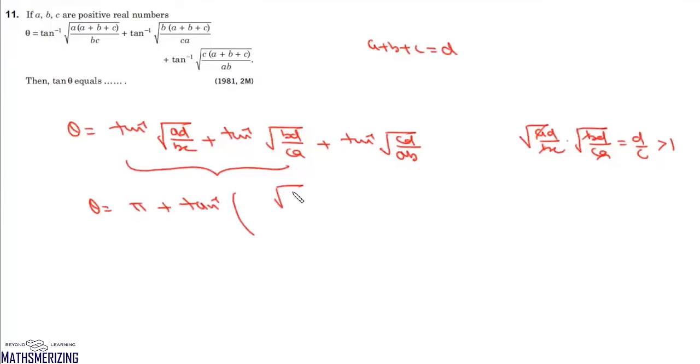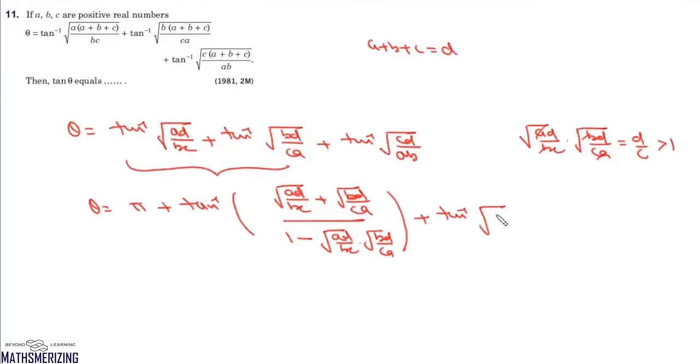So it will be under root of ad upon bc plus under root of bd upon ca upon 1 minus ad upon bc into bd upon ca, plus tan inverse under root cd upon ab. So it will be pi plus tan inverse.